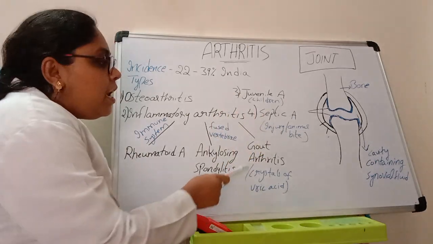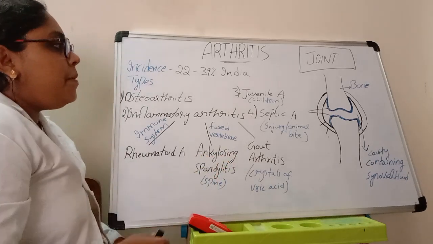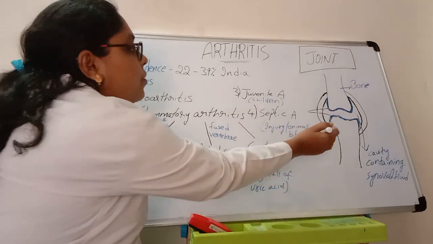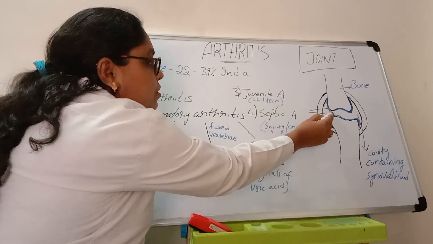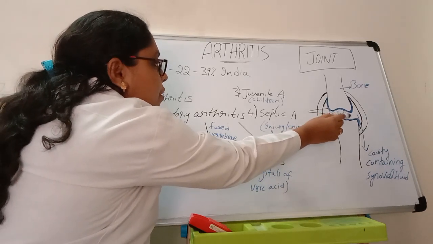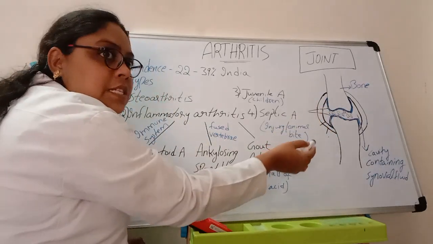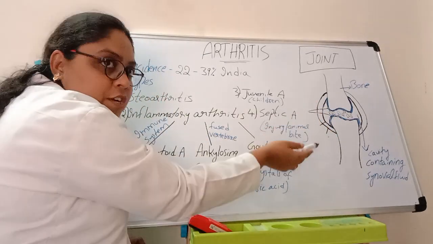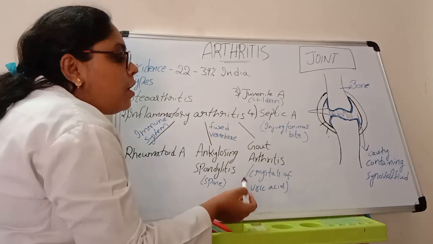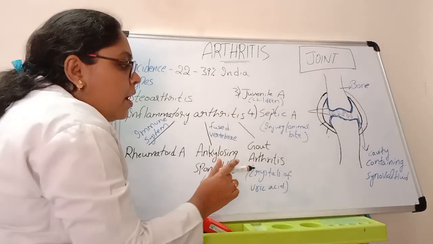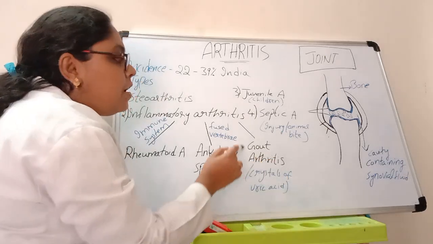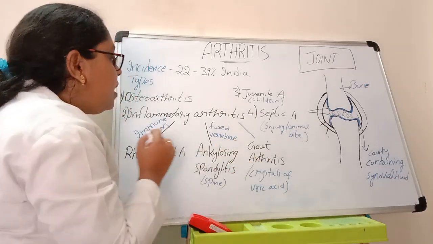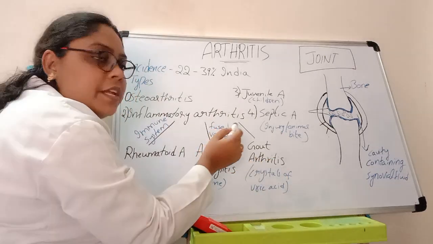Here you can see the deposition of uric acid in the joint synovial cavity, which is disturbing the joint function. So that is gout arthritis. These are the three types of inflammatory arthritis.